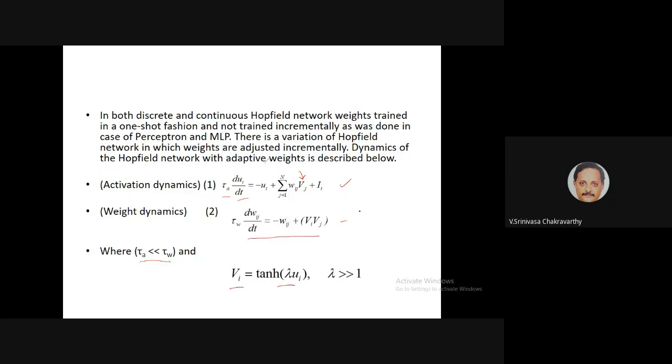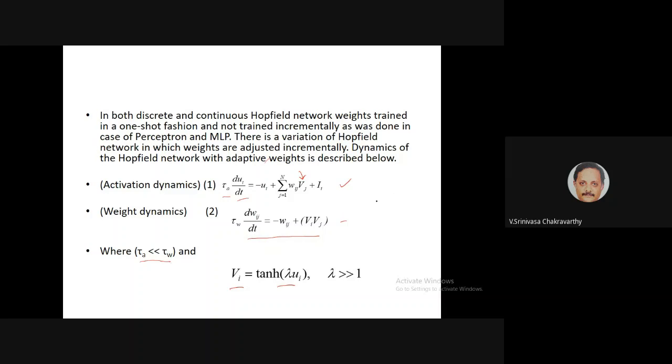For that, people have proposed an extended model of the continuous Hopfield network, where you have two sets of dynamical equations. One describes the activation dynamics: the state Vi is the activation of the neuron, and how does that vary through time is given by this equation, which we've already seen. In addition, we now introduce a separate weight dynamics, where I describe the weight change by a differential equation.